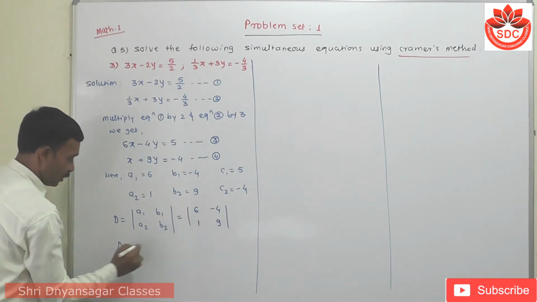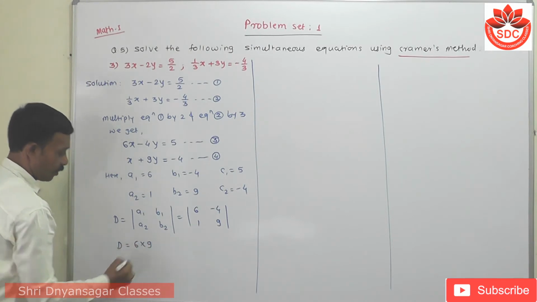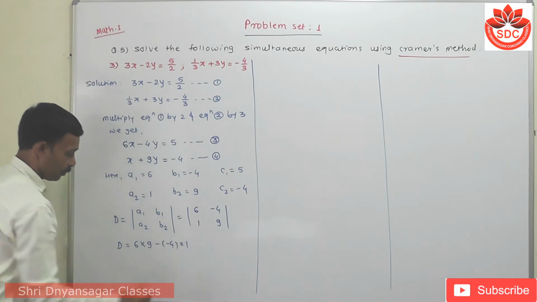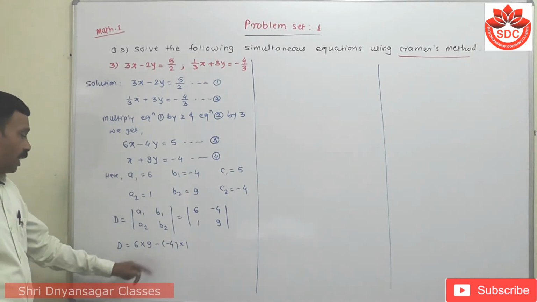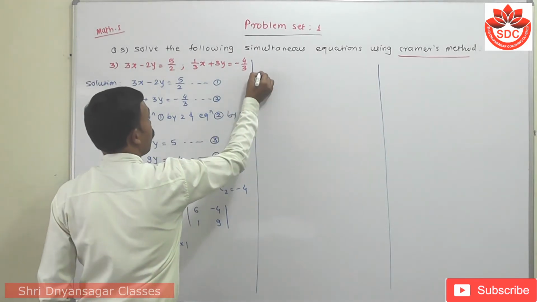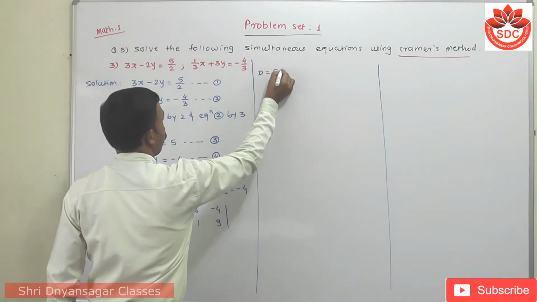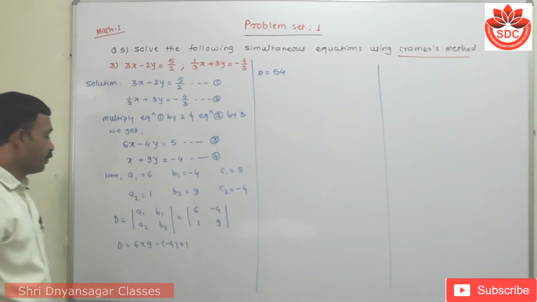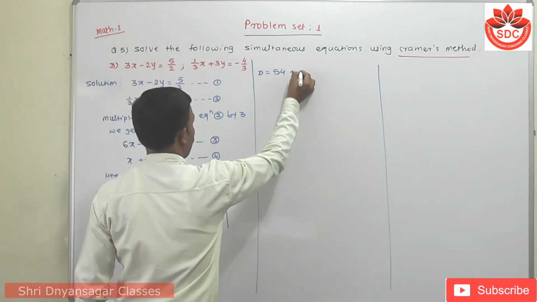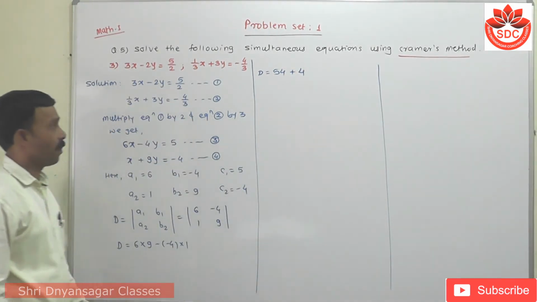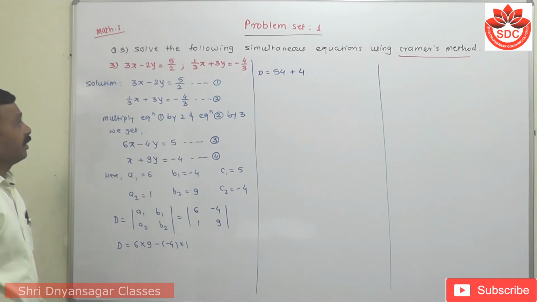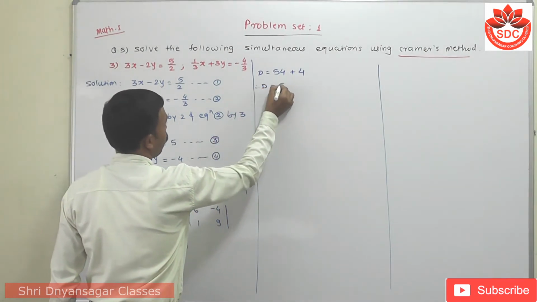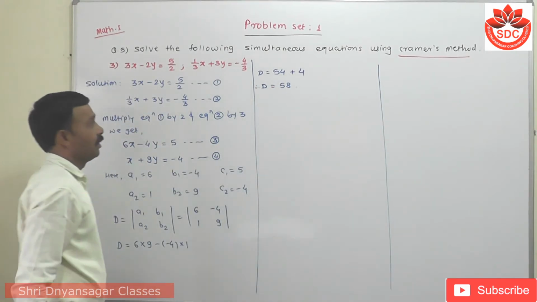First take this one is 6 into 9 minus -4 into 1. 6 9s are how much? 54. Then minus minus plus 4 1s are 4. Then 54 plus 4 becomes how much? 58.